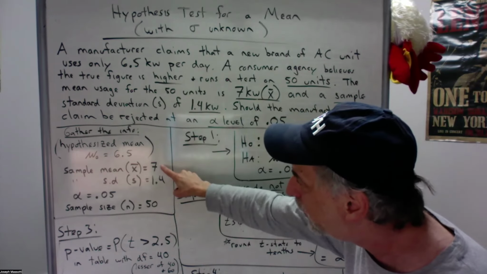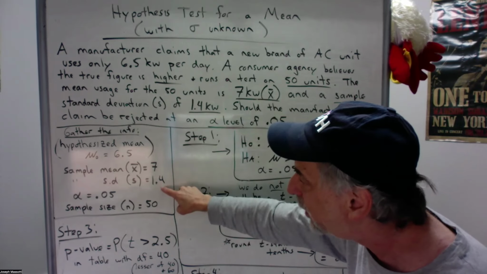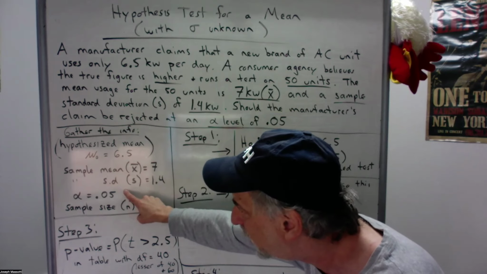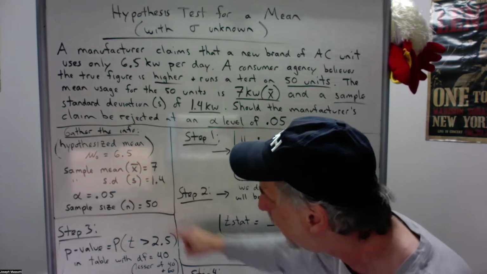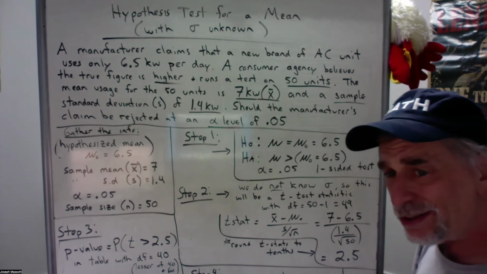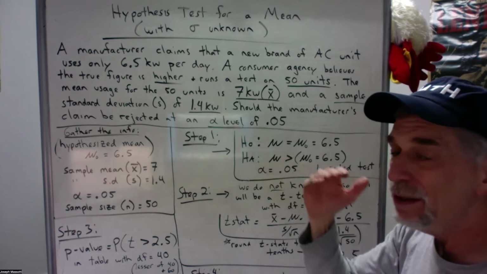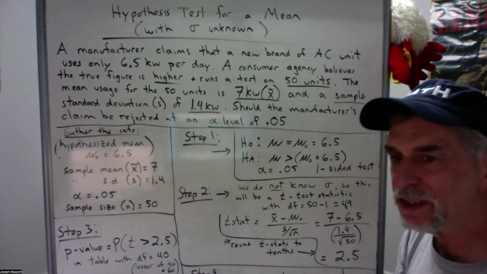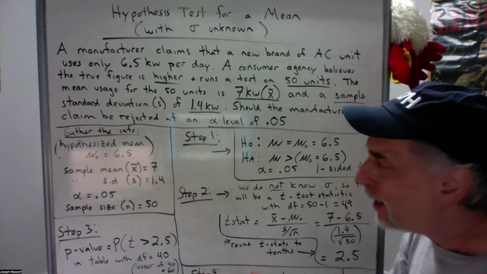We got a sample mean of 7 with a sample standard deviation of 1.4. We're using a significance level of 0.05, and our sample size is 50. Gather all the evidence, and then just go through your 4 steps. The more of these you do, the more you're going to see how straightforward this is. 4 steps, that's it, every time.